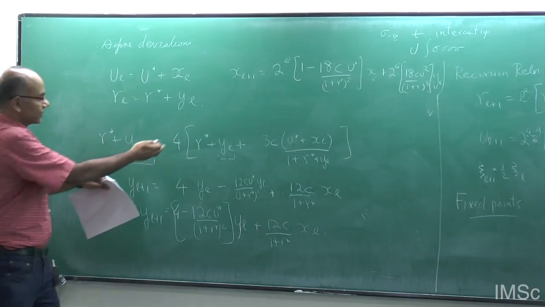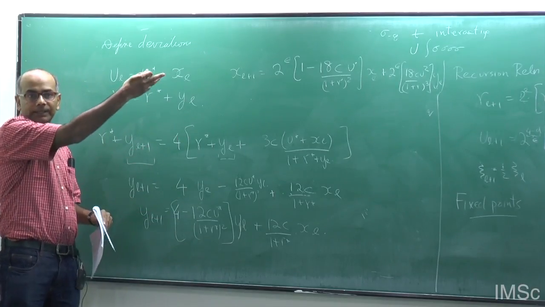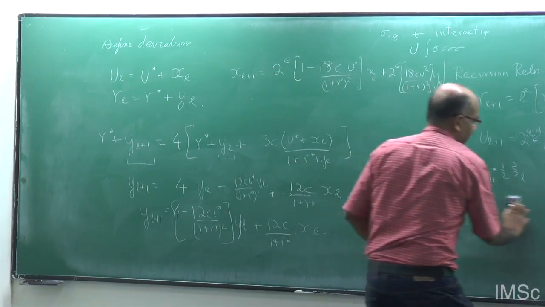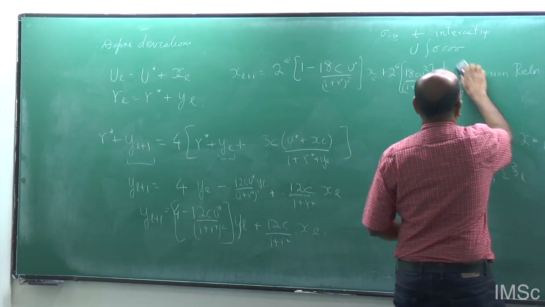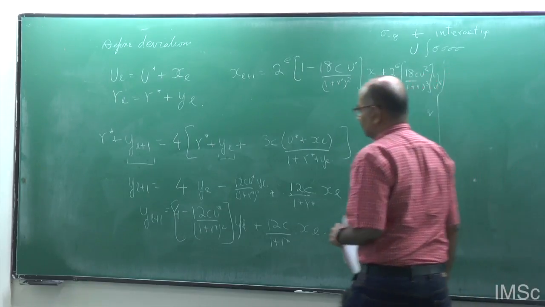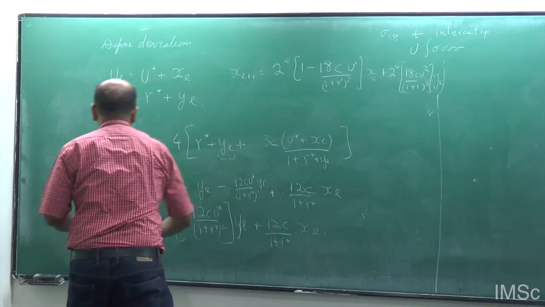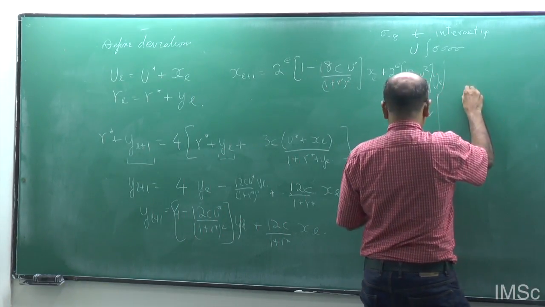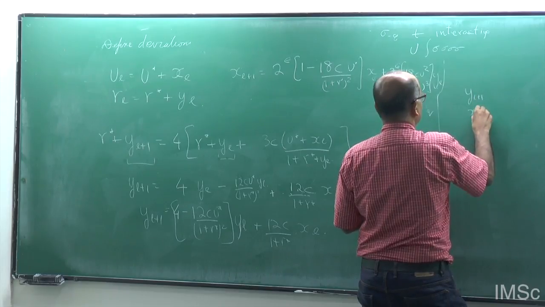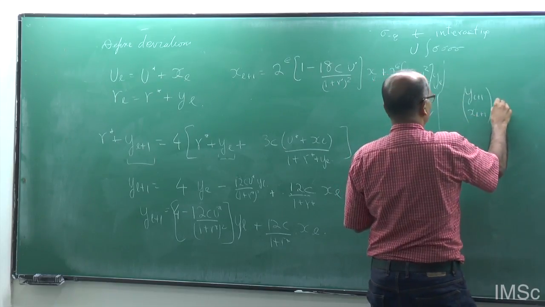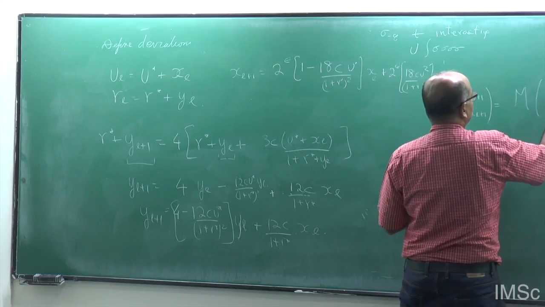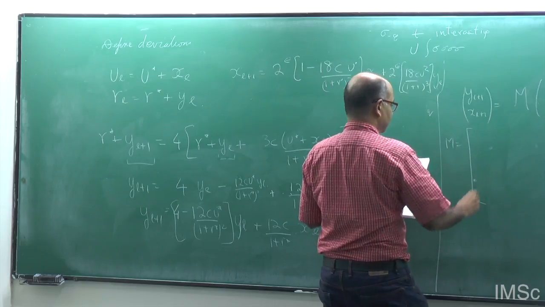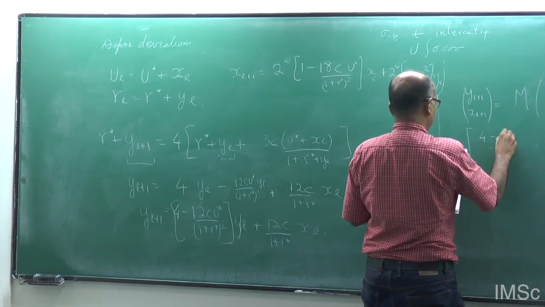You just repeat these steps for the X recursion, and you'll get that. So I won't work that out. So let's write it as a matrix: Y_{l+1}, X_{l+1} equals some matrix times Y_l, X_l, and this matrix is the following, not very nice looking thing.